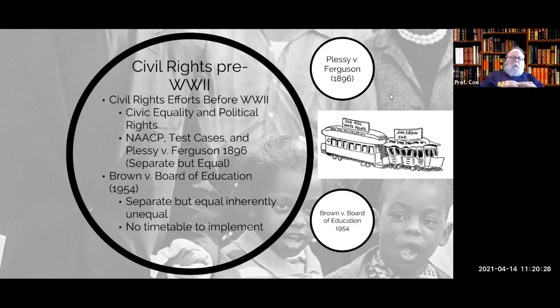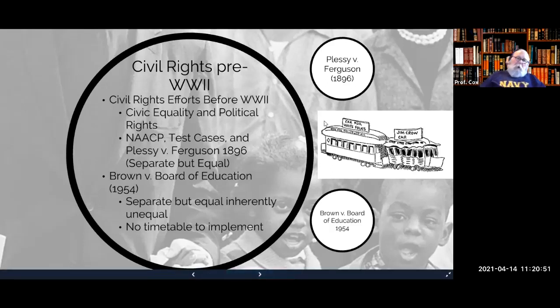Okay. And so the NAACP decided to test this law, and Homer Plessy bought a ticket to ride on the white car. And then once he was on the white car, he announced that he was a Black man, because remember the one drop rule, right? And the result was that he was arrested and tried and convicted for breaking the law.